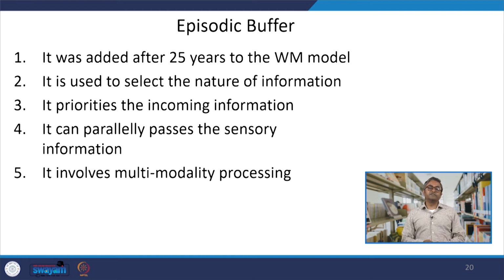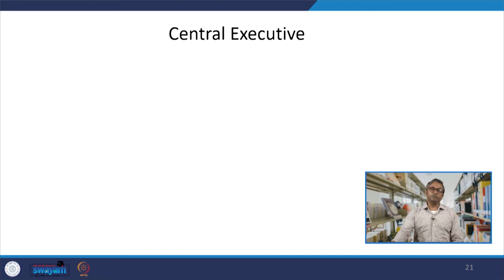It also involves multimodality processing, because two different modalities are there. One is the visual spatial sketchpad, another is the phonological loop. One prefers visual information, another prefers auditory information. Two different modalities are merging together. So once the information from the visual spatial sketchpad and phonological loop passes through the buffer, the buffer ensures whether early selection or late selection has to be made.